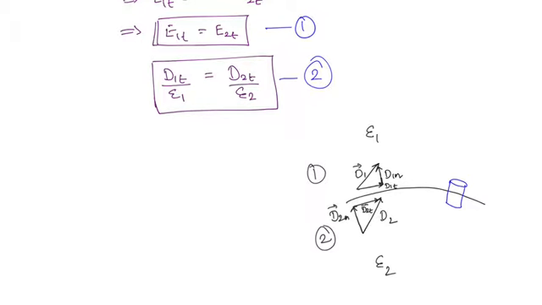Now you can apply the Gauss law here. So what is the Gauss law? The enclosed charge is equal to the integral of D dot dS. If you take the curved surface side, what happens? The flux is entering and then it is leaving at another point.